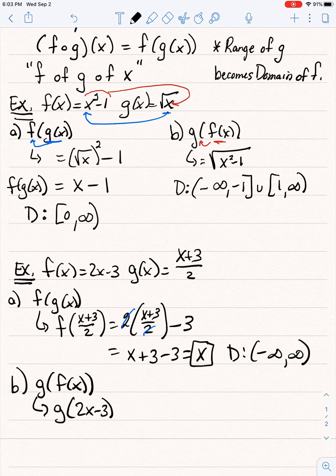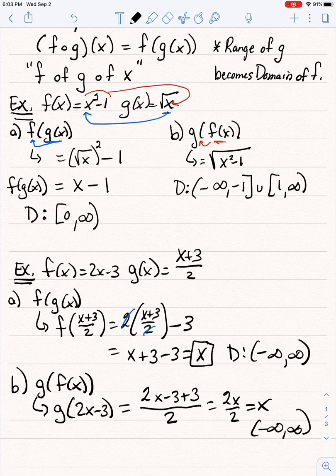If we substitute in, we're going to have 2x minus 3 plus 3, all over 2. We end up with 2x over 2, which is equal to just x. So we are negative infinity to positive infinity once again.